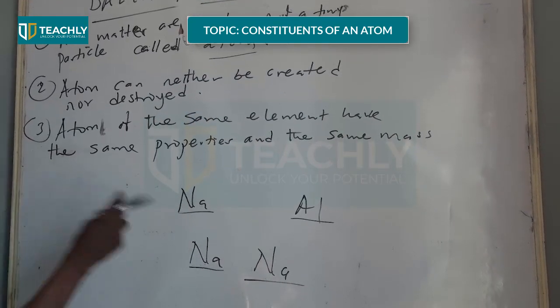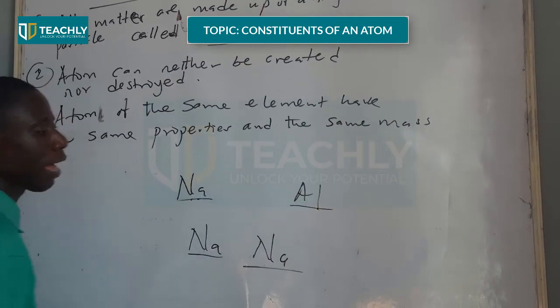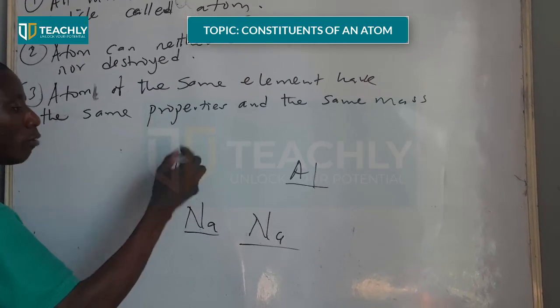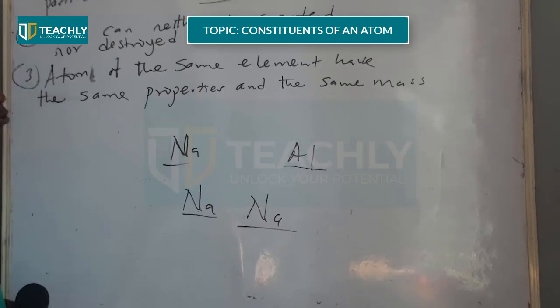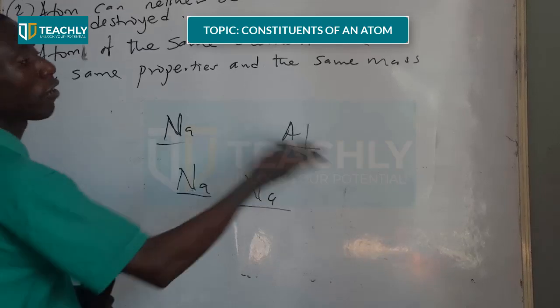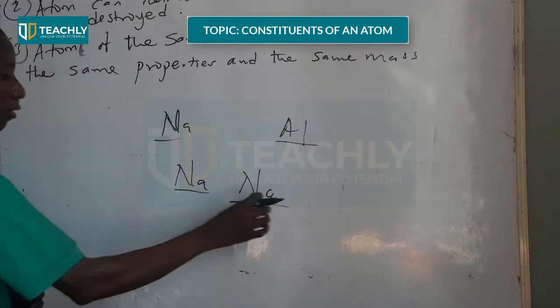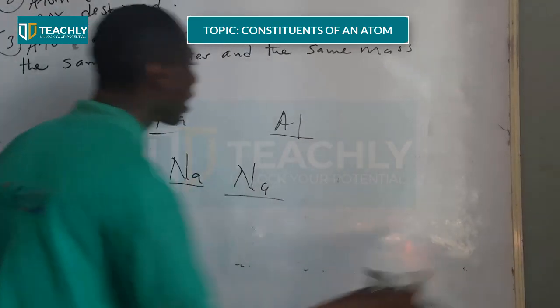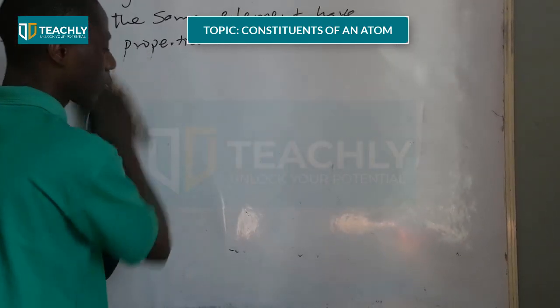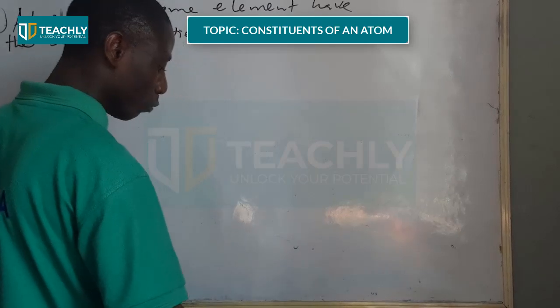But sodium and aluminium are different. For example, sodium is soluble in water, even in cold water, but aluminium is not soluble in cold water. That's what they're talking about. Atoms of different elements don't behave the same. But if they are the same element, they behave the same, whether in chemical properties or physical properties.